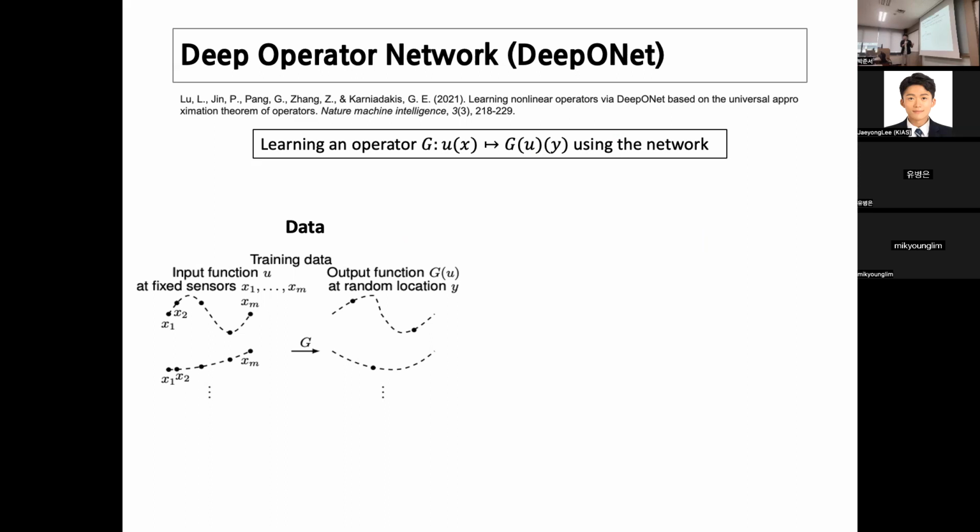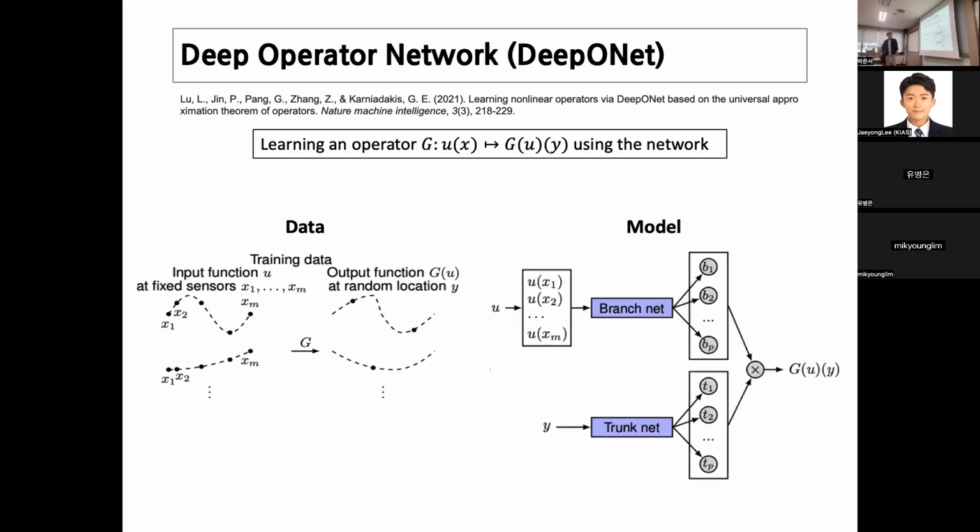And then they assume that they have training data as follows: the input function u at fixed sensors x1 to xm, and also a random location y at which they want to find G(u)(y). Then they propose this model called DeepONet.